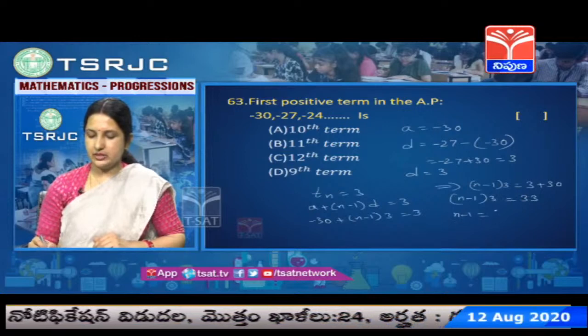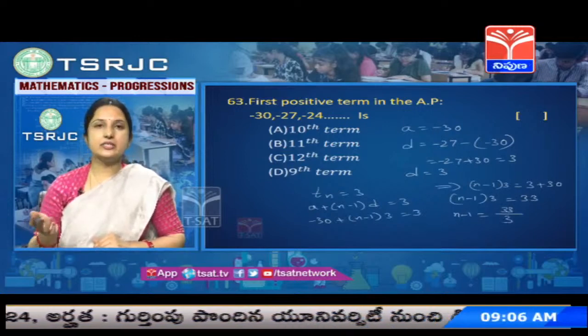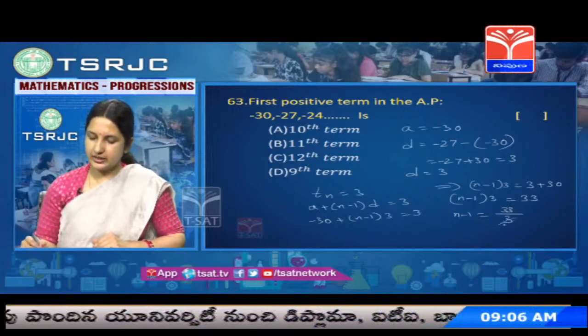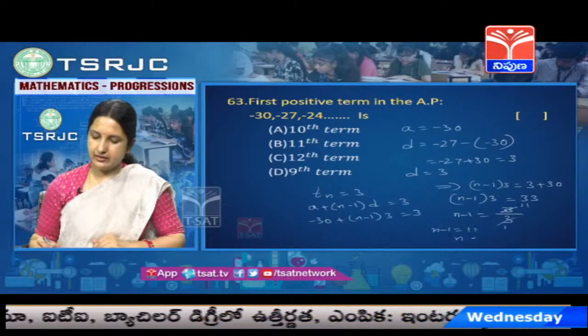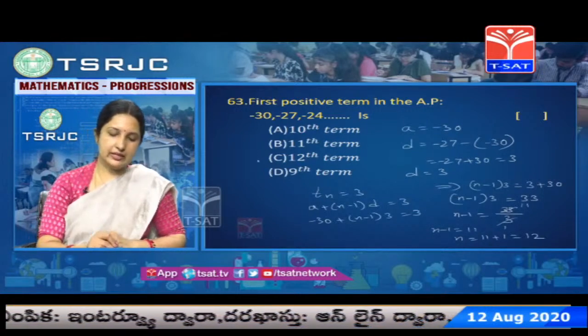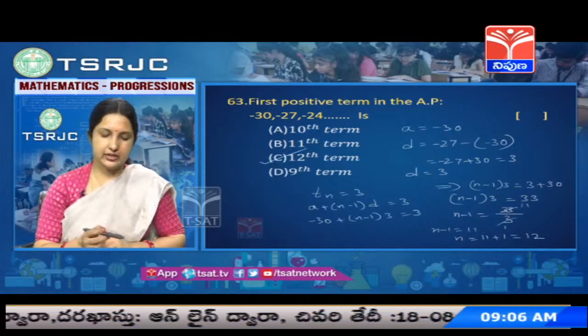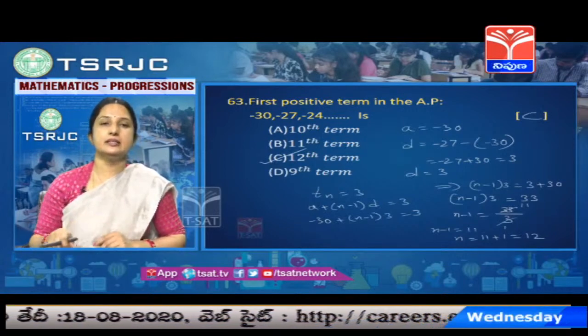Then n minus 1 equals 33 by 3, because on the left side it is multiplying, when it goes to the right side it divides. So n minus 1 equals 11, then n equals 11 plus 1, that equals 12. So the 12th term will become the first positive term. So option C is the correct one.